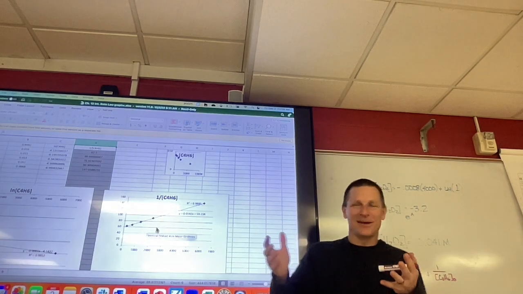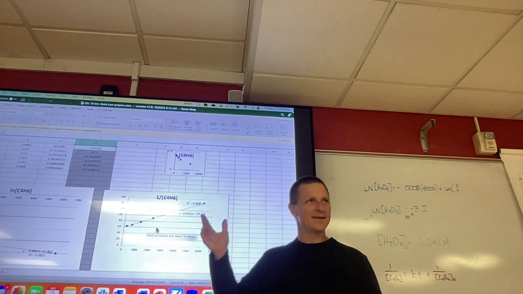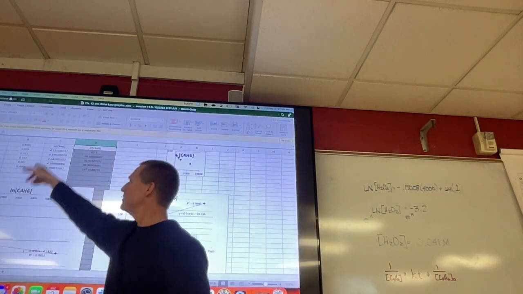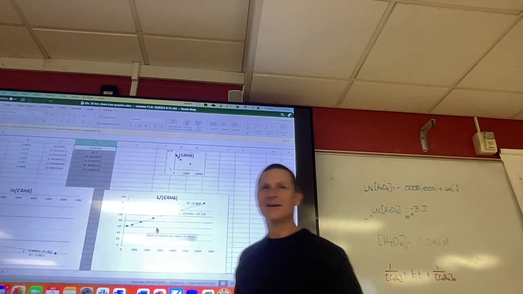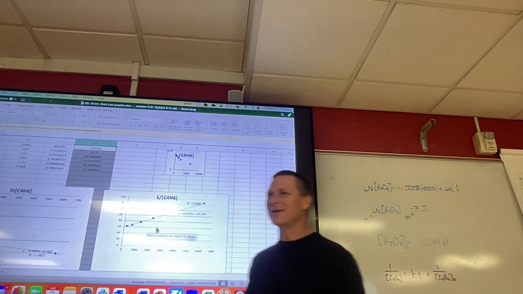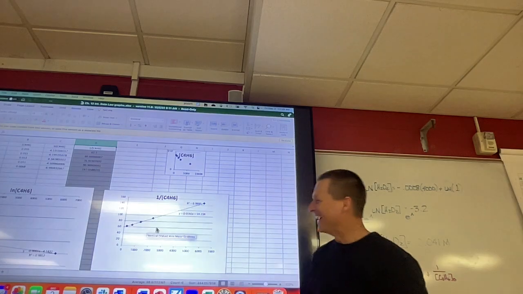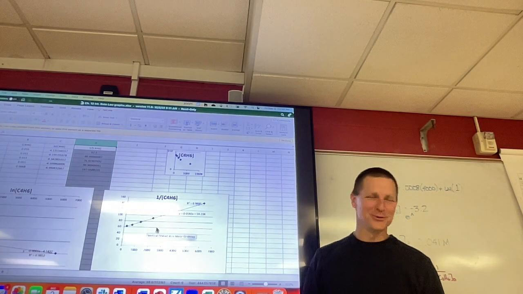In the 15 years I've been teaching this class, we started out graphing by hand. We would have to literally calculate each of these values by hand and graph them. It was good, fun. So we went through a lot of graph paper. Yeah, there's a lot more work involved. Be very thankful that you're doing this when you're doing it.